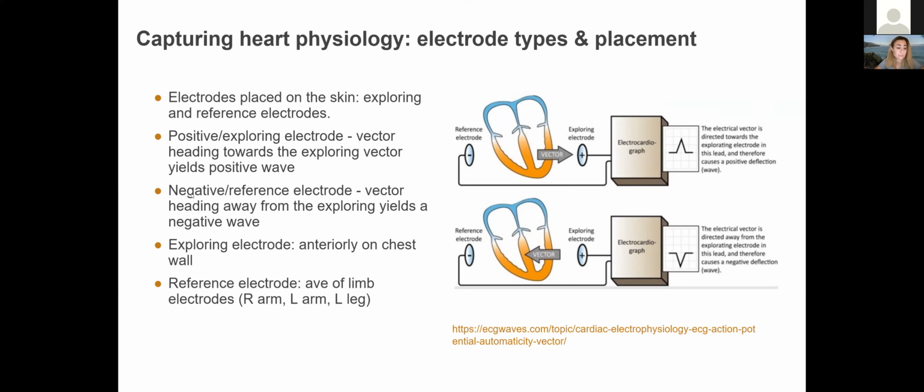For negative reference electrodes, a vector heading away from the exploring electrode yields a negative wave. The exploring electrode lies anteriorly on the chest wall. Reference electrodes are the electrodes on the limbs, so your right arm, left leg, right leg.